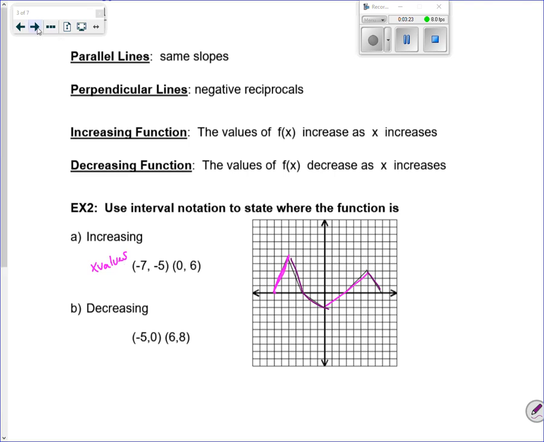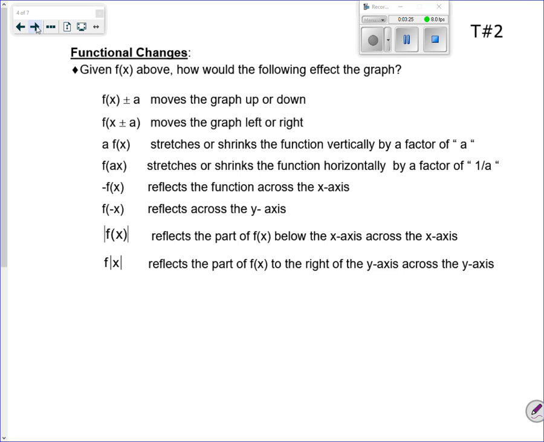And then we have transformations. So remember all the transformations and remember vertical things are what you think. So if it's plus, it moves it up. Minus moves it down. Whereas the horizontal are kind of opposite to what you think.